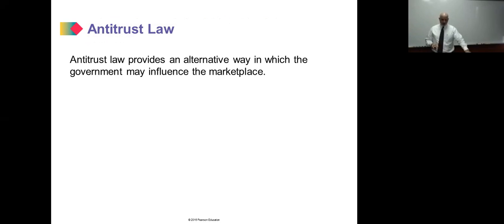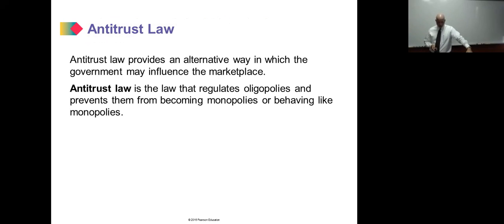Antitrust laws are how we regulate oligopolies and prevent them from becoming monopolies or even behaving like monopolies. So remember, if these oligopolies are left untouched and unreviewed, they can form into some of these other more narrow forms of monopolies.